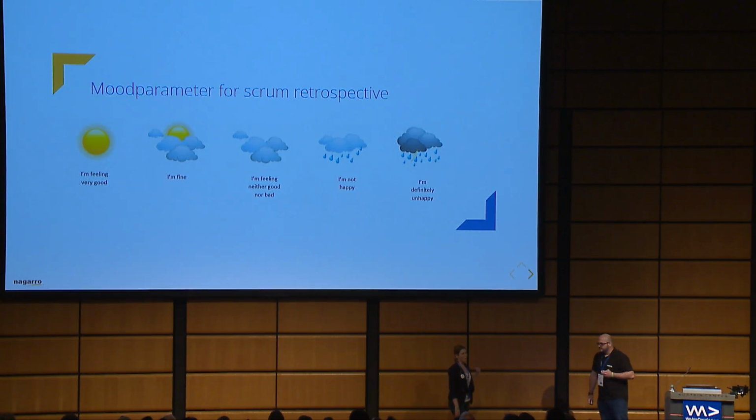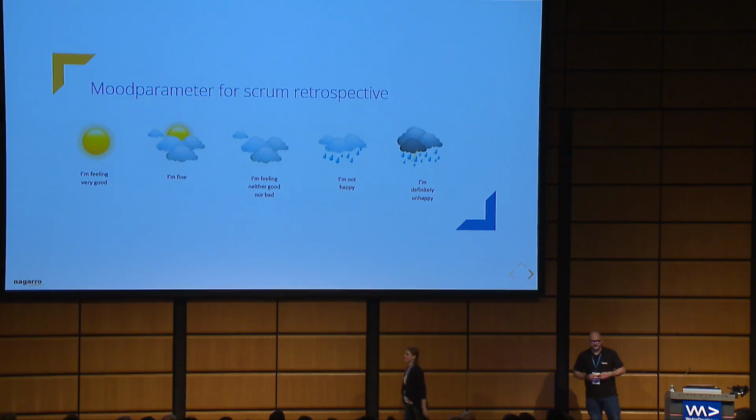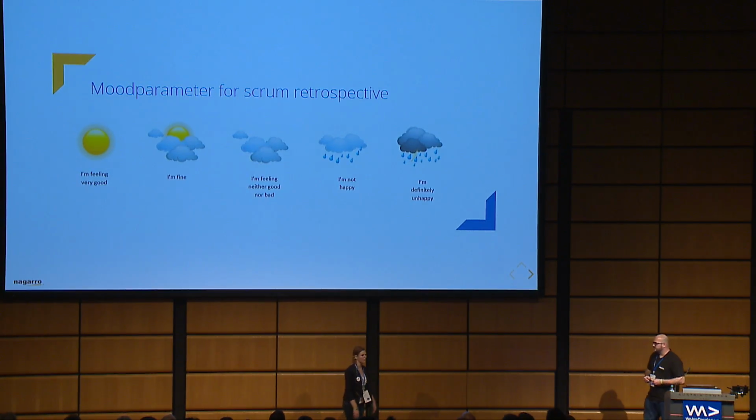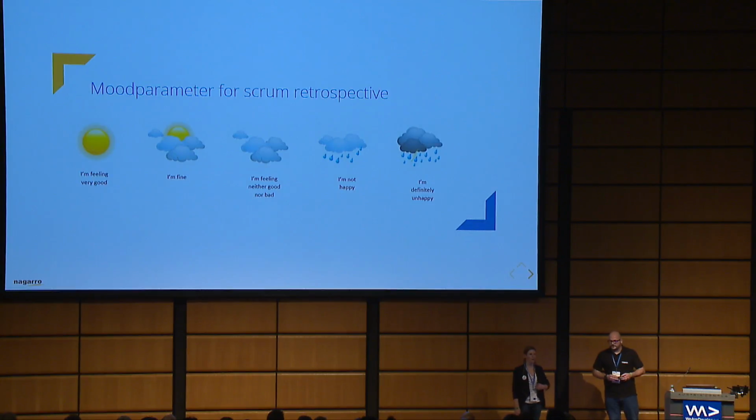Do you know what a mood parameter is? So please, show up. Do you know it? No? Really? When you're in a retrospective, in a Scrum meeting and so on, the Scrum Master is going to ask you, well guys, how are you feeling today? How was the sprint? Our Scrum Master always asks us to tell him on a scale from 1 to 5.